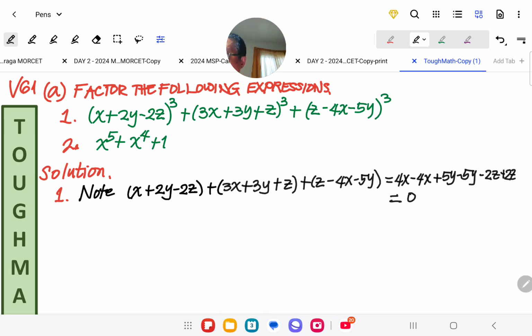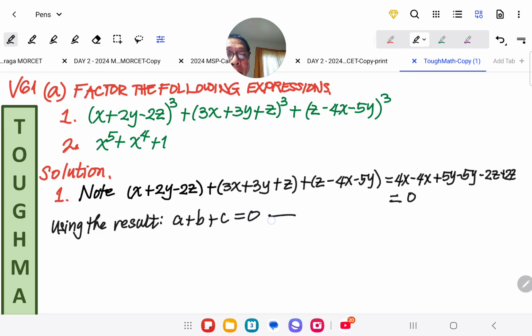And so using a previous result, which says that if a + b + c = 0, then a^3 + b^3 + c^3 = 3abc.